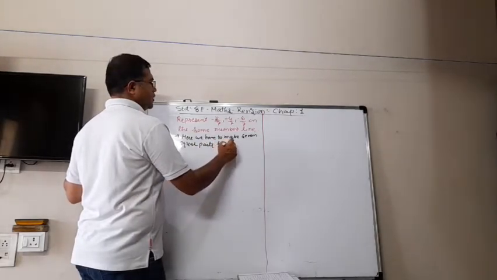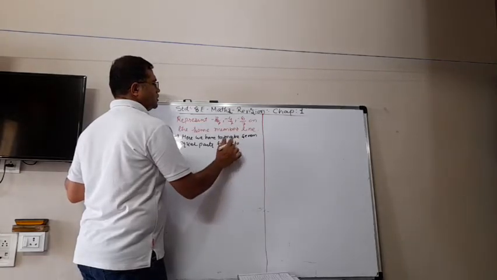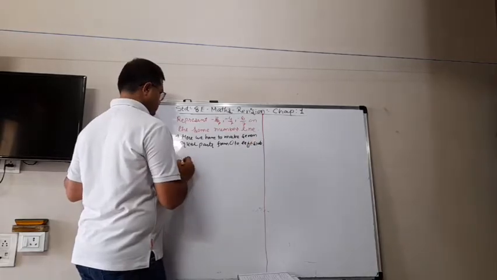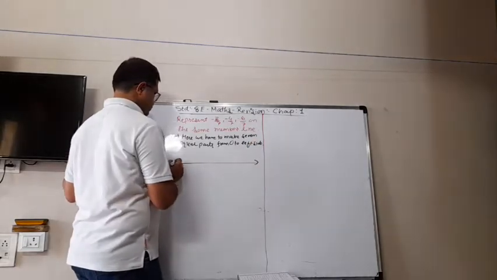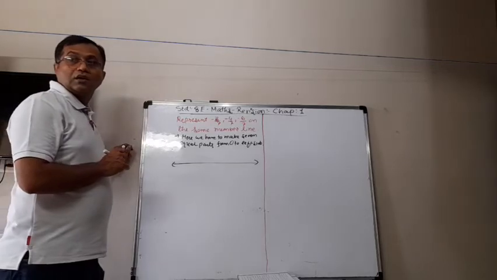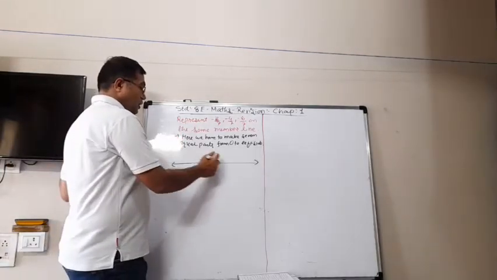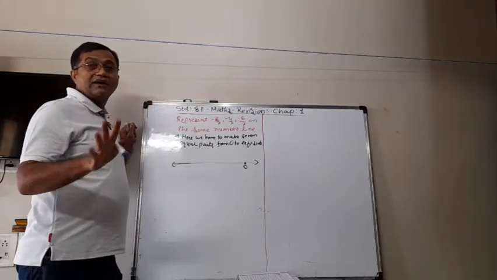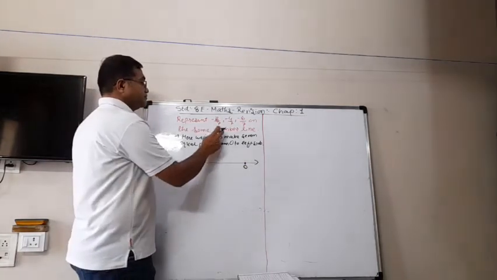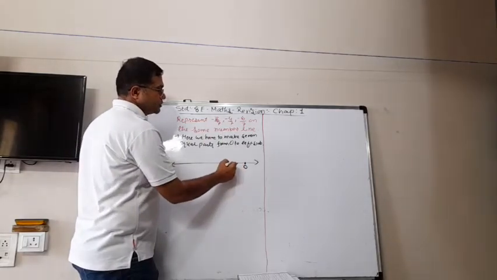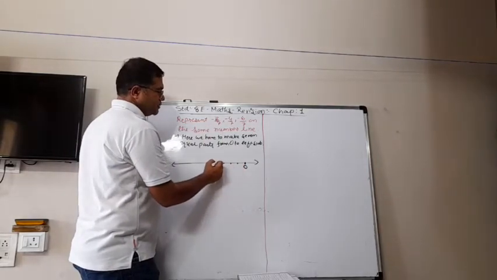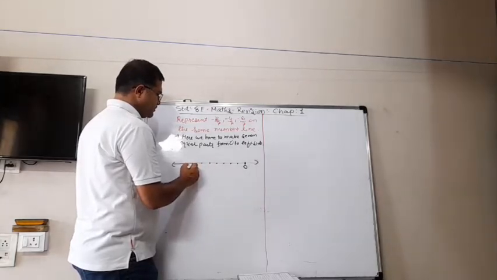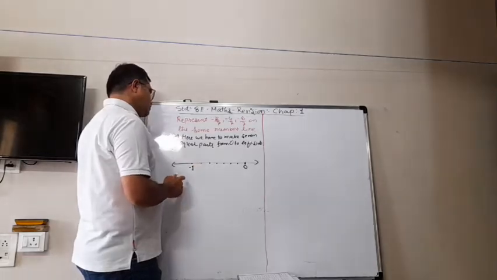From 0 to the left side, the 0 we can put here. We have to make 7 equal parts. So 1, 2, 3, 4, 5, 6, and at 7 we have to write down minus 1.